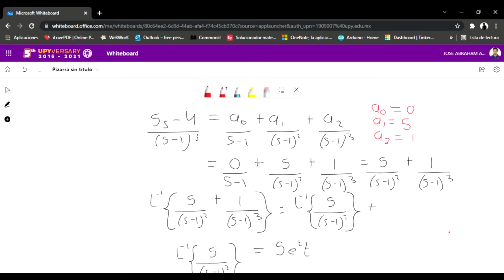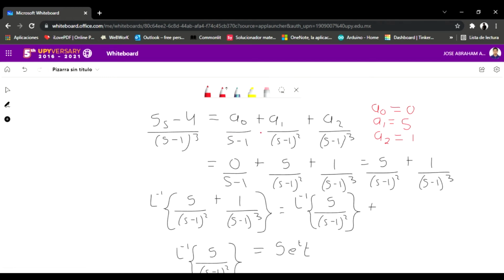Now, using this equation that we used before to get the partial fractions, with the values that we have now of a0, a1, and a2, we can substitute these values in the equation.